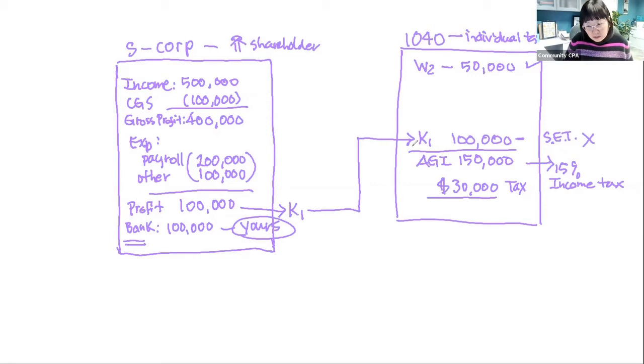What if I didn't run a very good business? What if I only made 300,000 because of coronavirus? My business is not good, and I have losses. I have a $100,000 loss. S-corp is brilliant. S-corp allows me to bring the loss over here. S-corp says that I have $50,000 in losses.